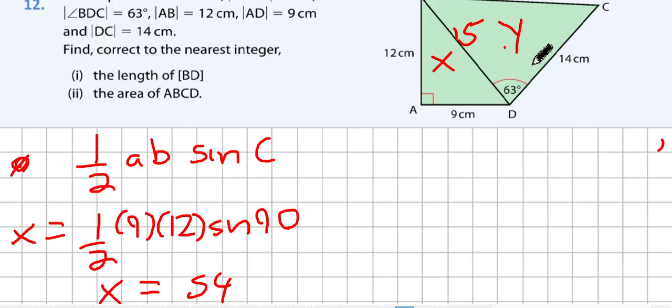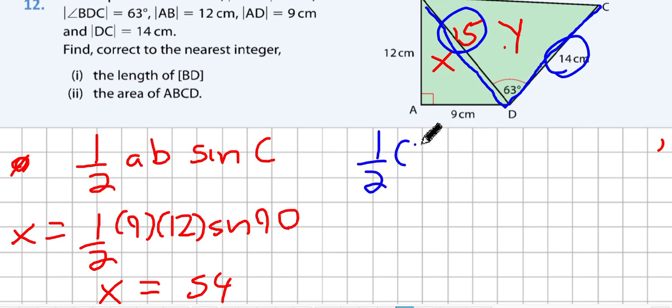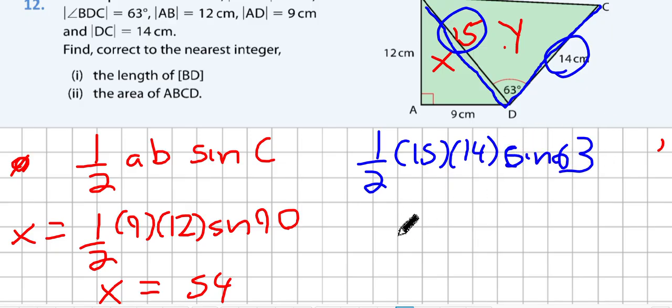And then this one here. What two sides can we use? Fifteen and 14. What's the angle in between? Sine 63. Throw that into the calculator and let me know what you get. .93.